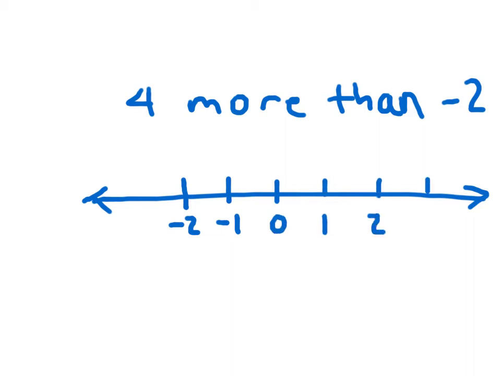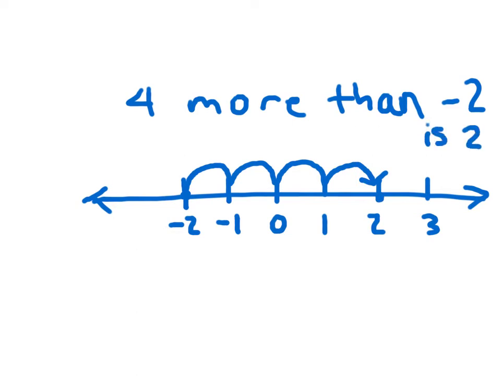I'll continue labeling as I have here. 4 more than -2, start at -2, and it says 4 more: 1, 2, 3, and 4. So we'll end up at 2. 4 more than -2 is 2, and that's our answer right there.